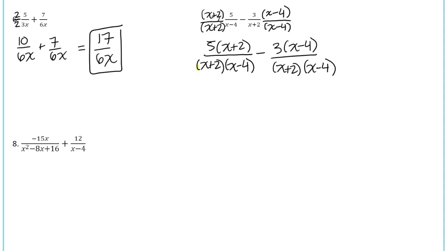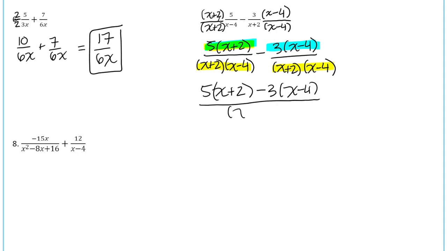Now we have the same denominator. So we can combine the tops into 1. So I'll have 5(x plus 2) minus 3(x minus 4) all over x plus 2 times x minus 4.